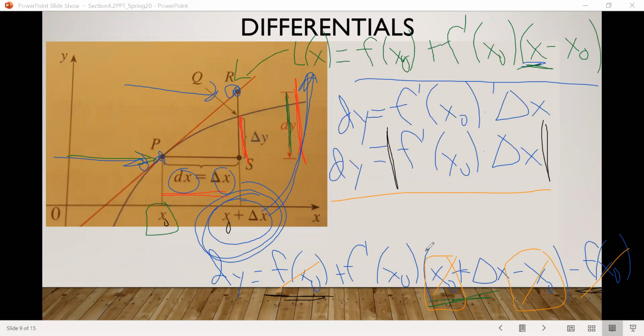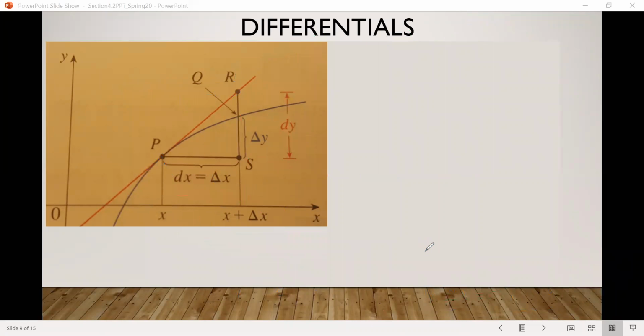All right, now let's talk about a formula for delta y. And this one's a little more straightforward because delta y, as I mentioned, is just the difference in the output value on the function of x plus delta x and the output value for x.